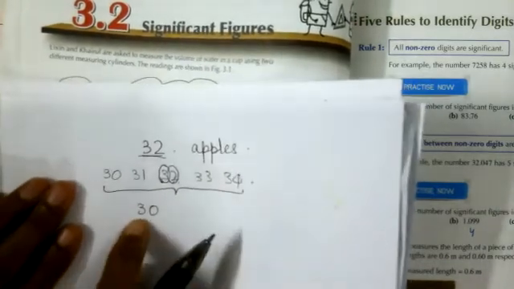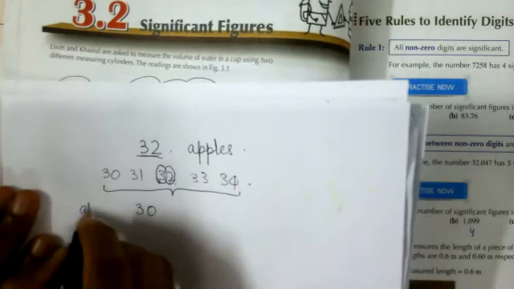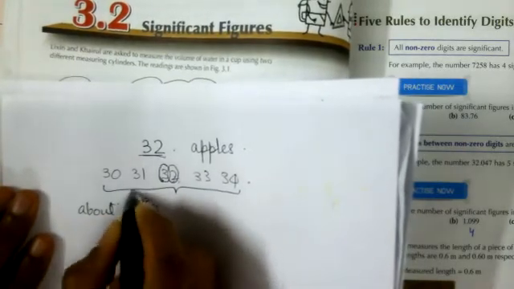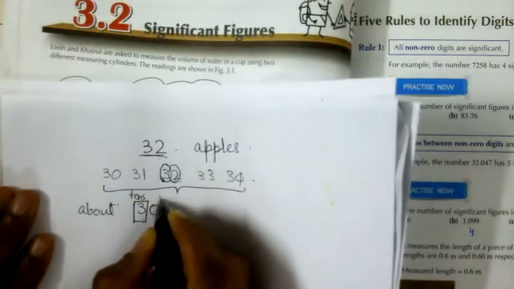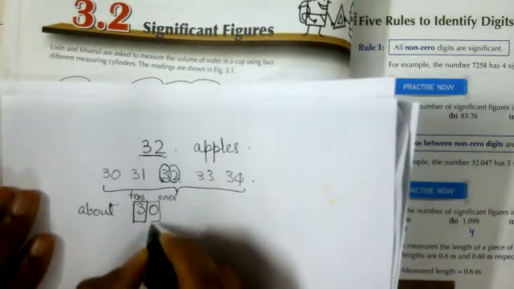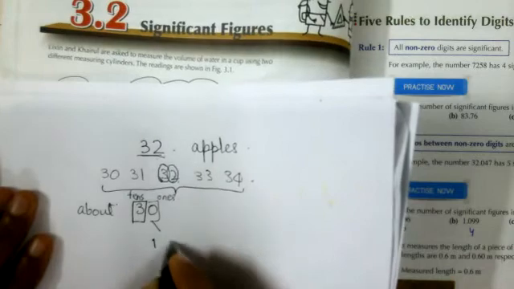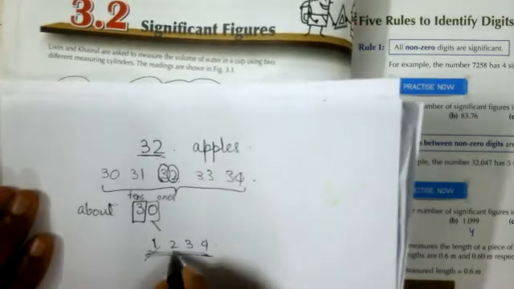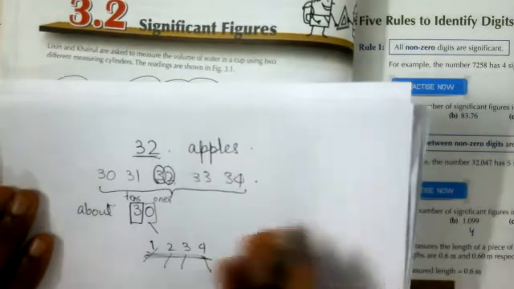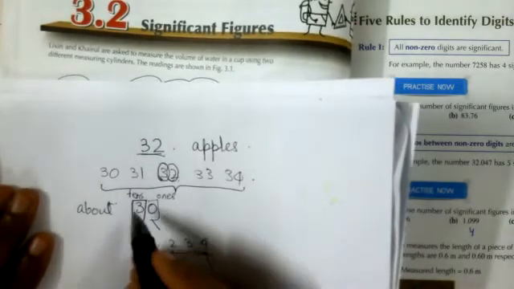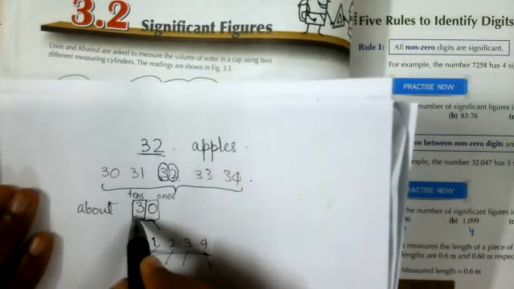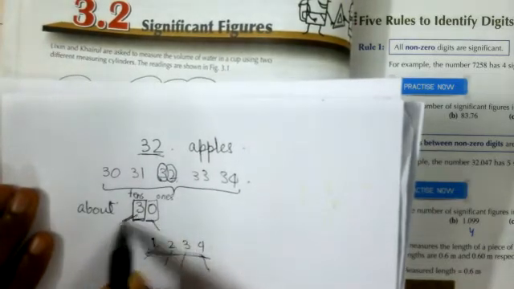When I say that, that means I am only confirmed about the tens digit. I am not confirmed about the ones digit. It can be 1, 2, 3, 4, can be 31, 32, 33, 34. I don't know. So I am only sure about this digit.